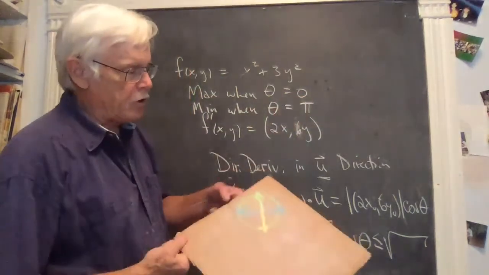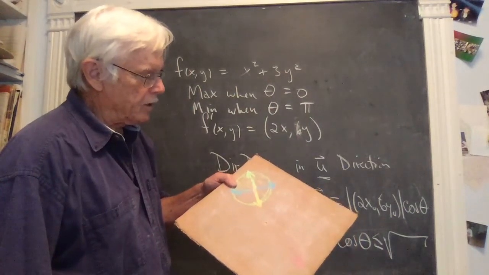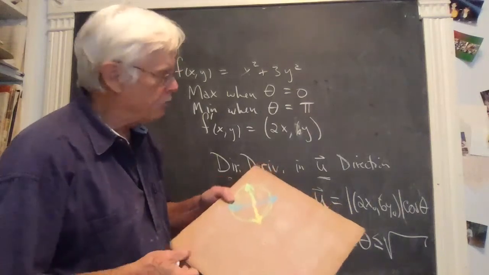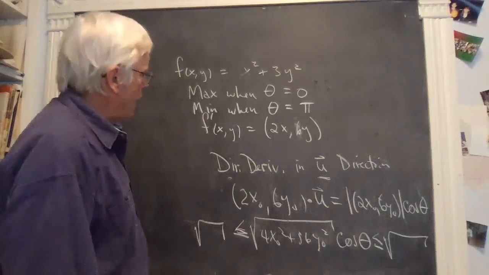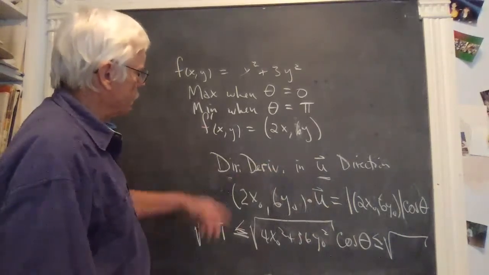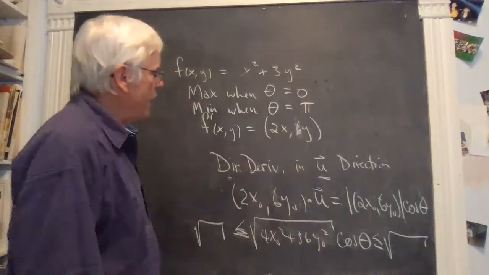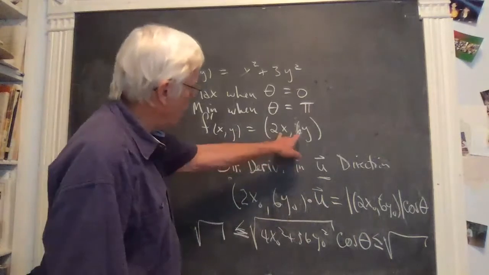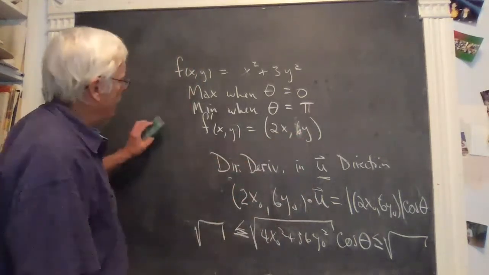And we saw this here, that it's maximal in one direction and exactly the opposite direction it'll be minimal, and the amount will be exactly the negative. So the maximal directional derivative is the length of the derivative, and it occurs in the direction of that gradient. So that's a nice thing to remember.